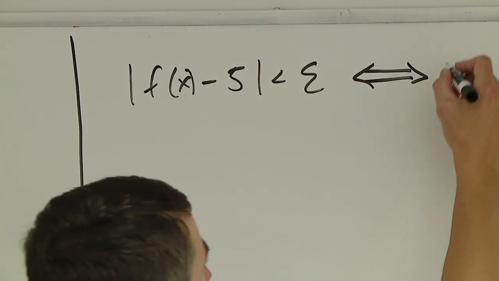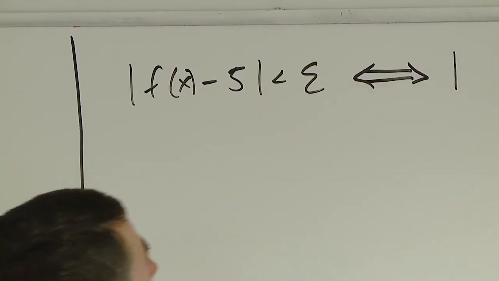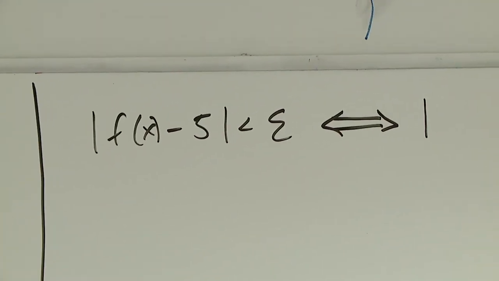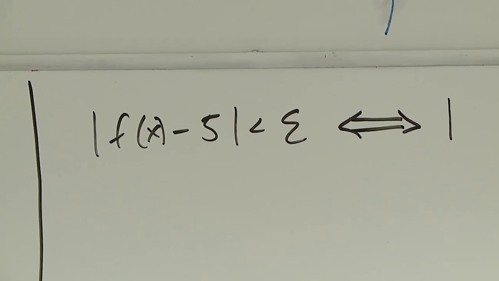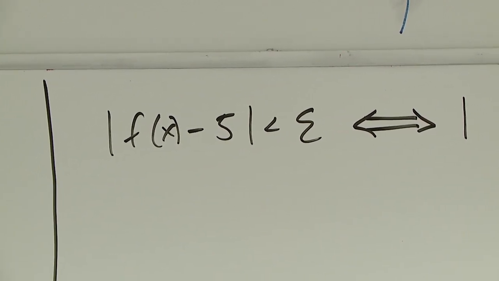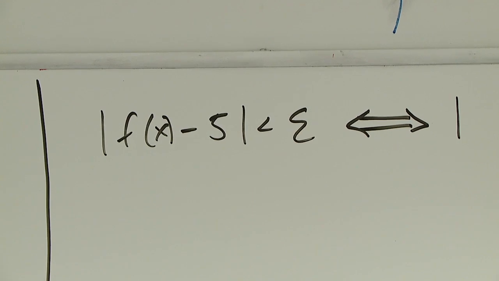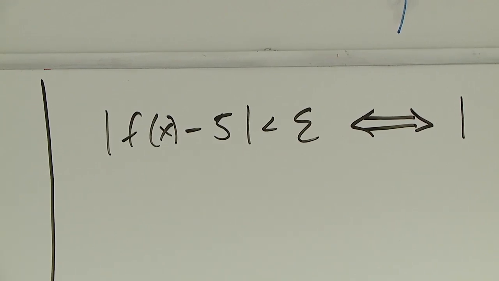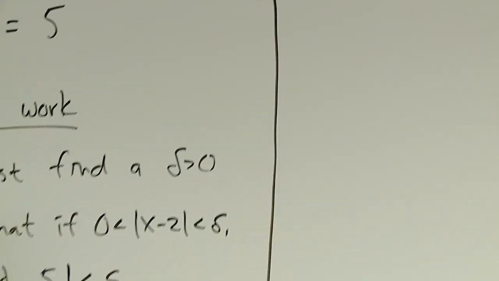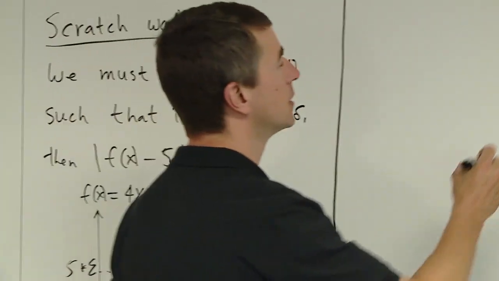So what is my f of x? What's my formula here? In this particular example, the function f of x is what? 4x minus 3.